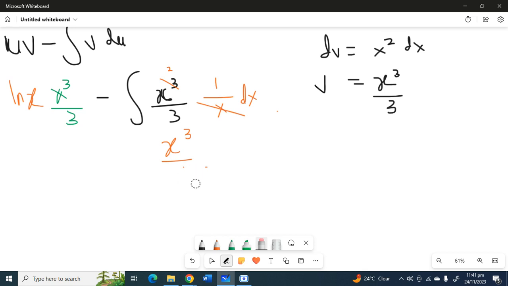So we get x cubed over 9 plus c. And we can write our first expression here: the natural log of x times x cubed over 3. And that is our answer.